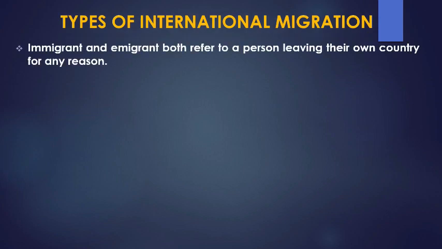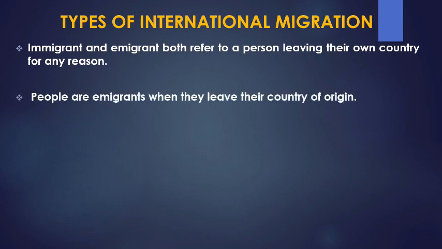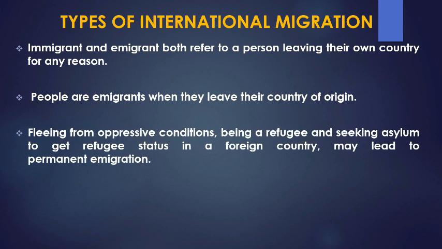After studying internal, within-country migration, here are the types of international migration. International migration is again of two types, immigration and emigration. Immigration is when migration takes place into a country, and emigration is when migration takes place out of a country.